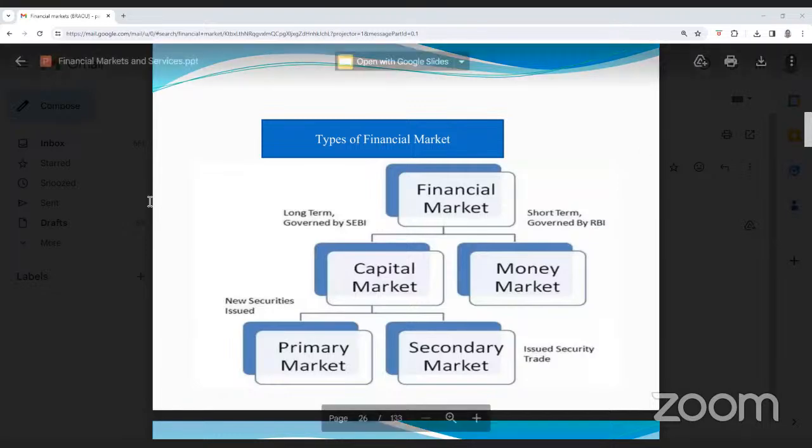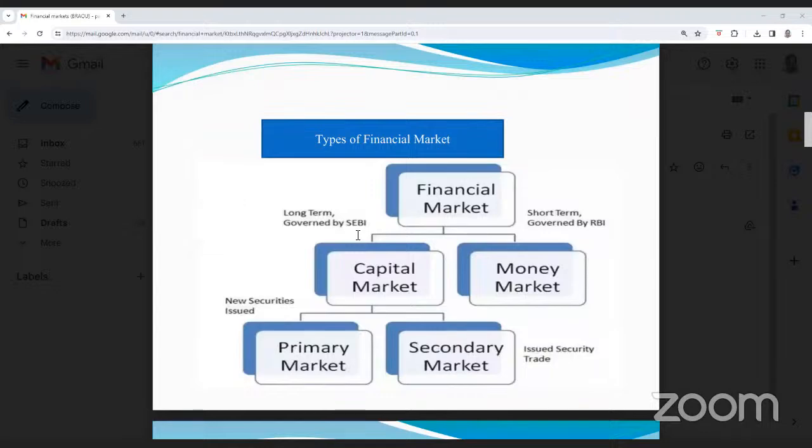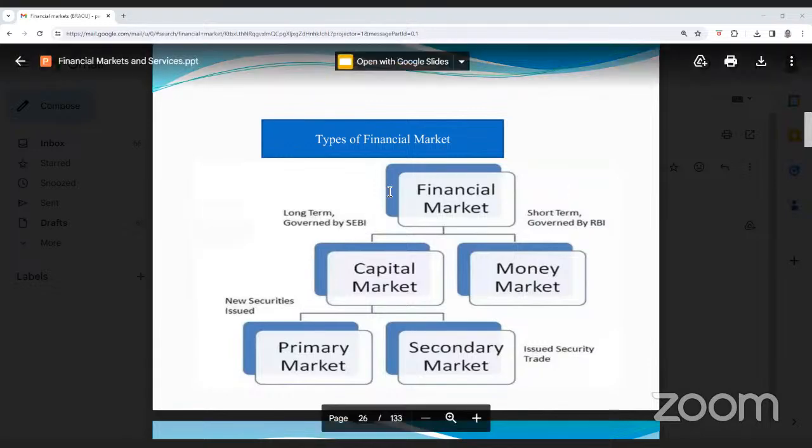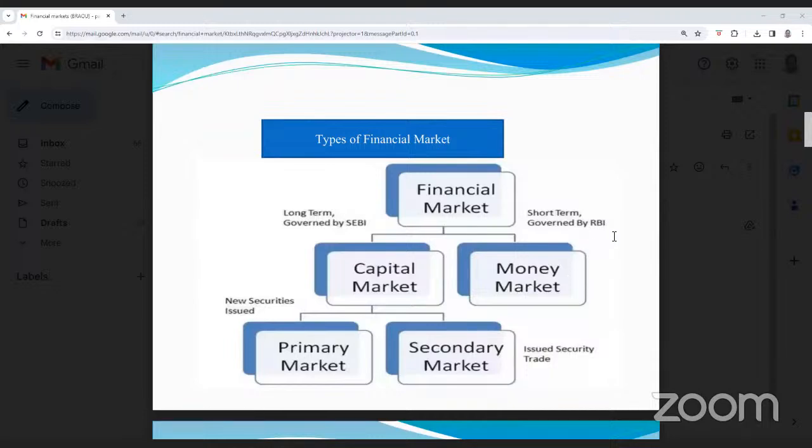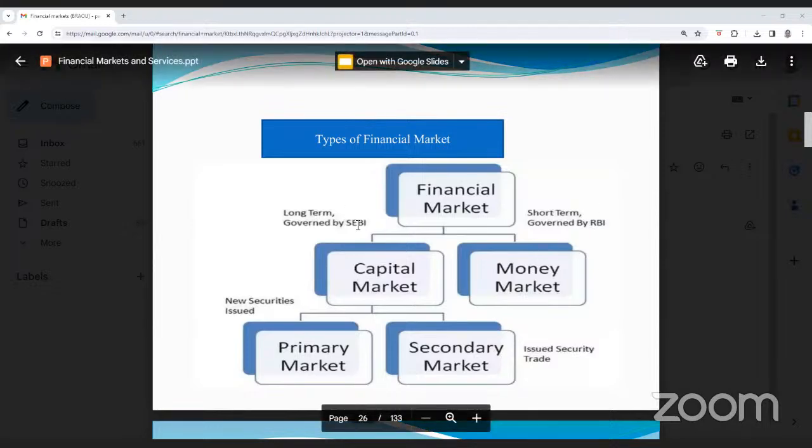Capital market is long term, governed by SEBI. Do you know what SEBI means? And here, money market is short term, governed by the RBI. These are the banks. This is also a bank.